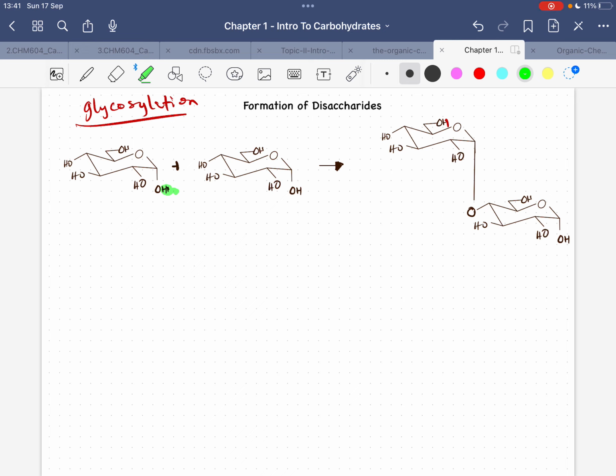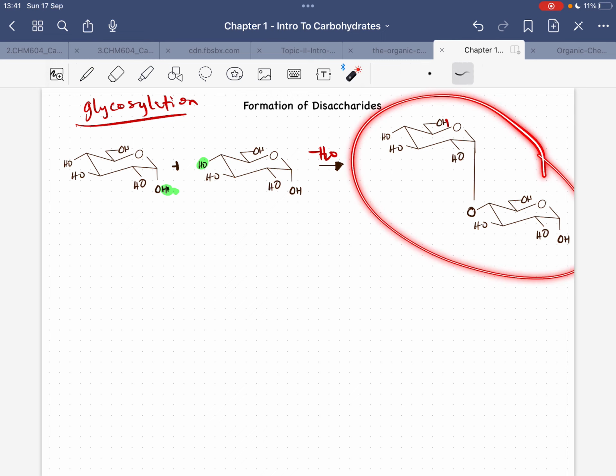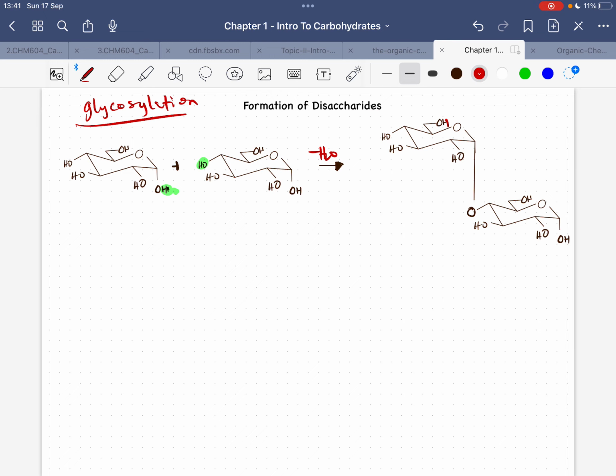Minus water, and this now becomes this structure because you are joining carbon 1 with carbon 4. Okay, this is a 1 4 linkage, a 1 4 glycosidic bond.